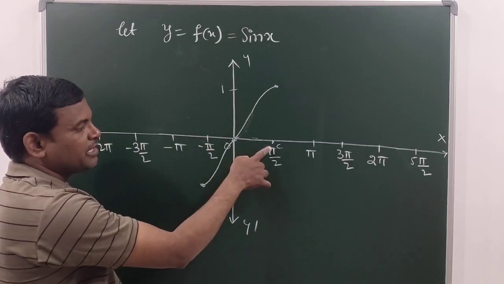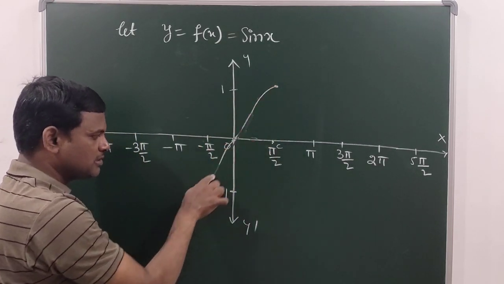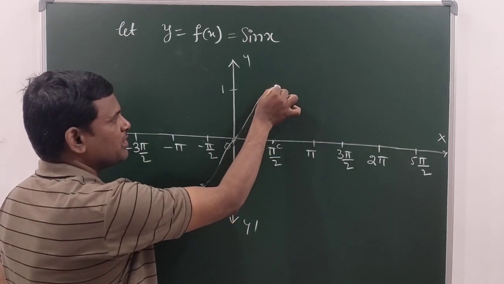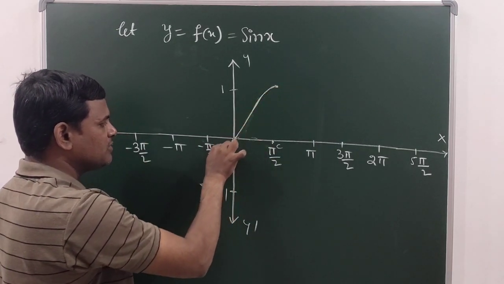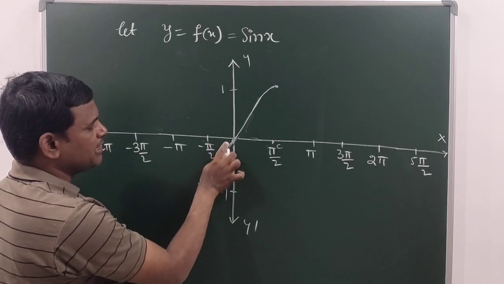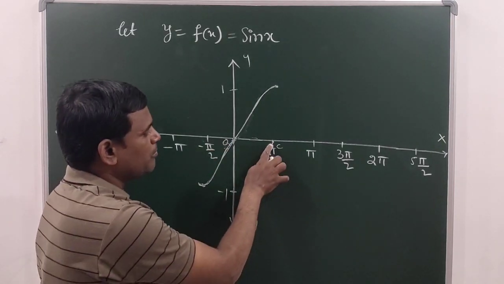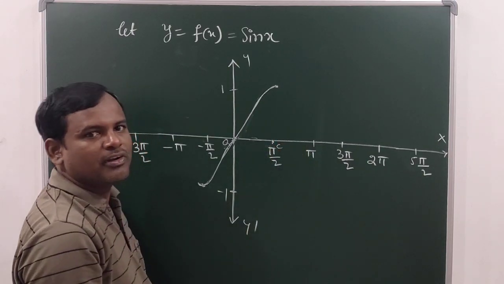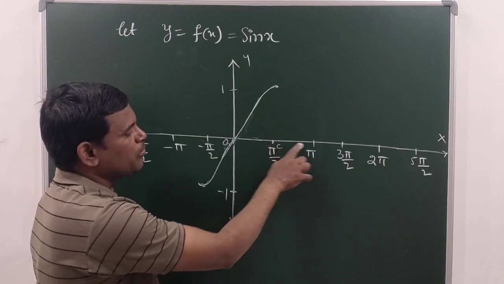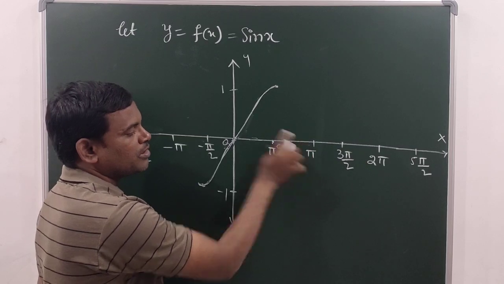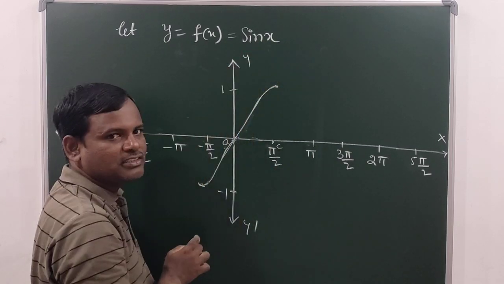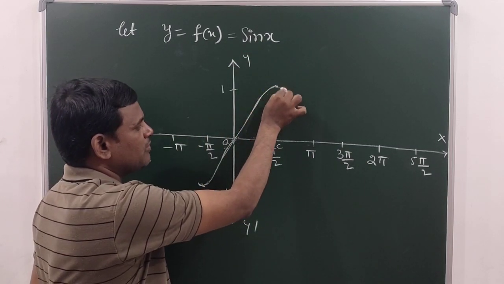Between minus 90 to 90, we get it like this. So it strictly increases from minus 90 to plus 90. From 90 to 180 degrees, when you take the domain value for x, you get the graph like this.